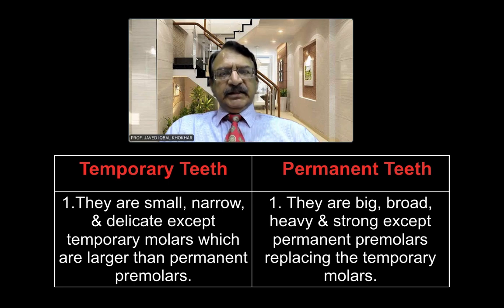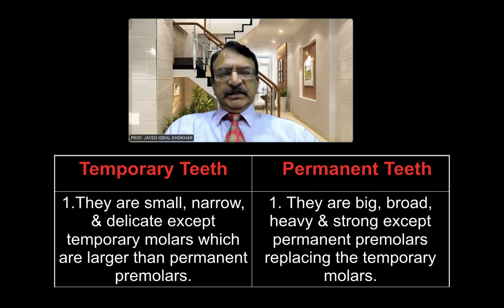The temporary teeth are small, narrow and delicate, whereas the permanent teeth are big, broad, heavy and strong, except the permanent premolars, which replace the temporary molars. The temporary molars are bigger than the permanent premolars.